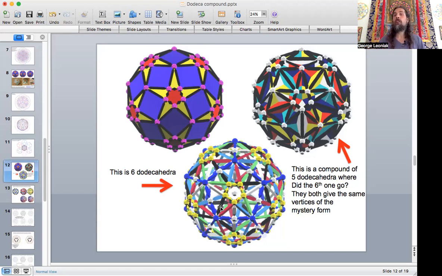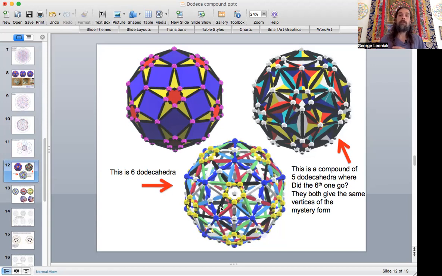And I'd never heard of a 6th dodecahedron. And then I woke up and I was like, wait a second, I did 6 colors. There's 6 colors in here. So this is a compound of 6 dodecahedron. Well, I did go look, and there actually is a compound of 6 dodecahedron, but I didn't draw that. So I was wondering, how did I get 6? And what does the 5 dodeca compound look like?